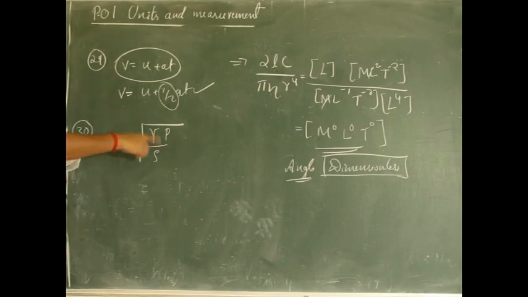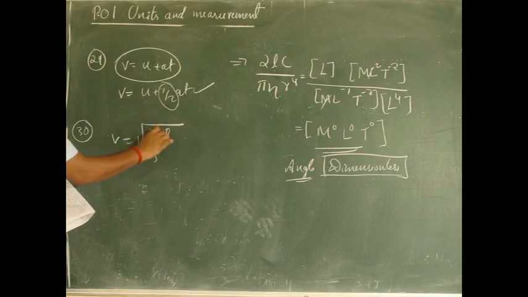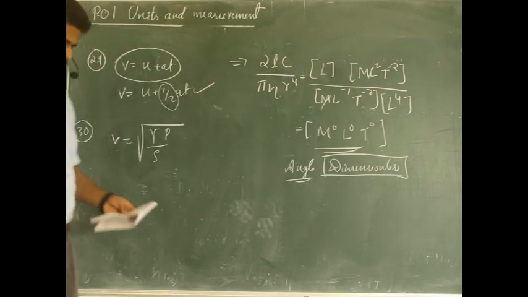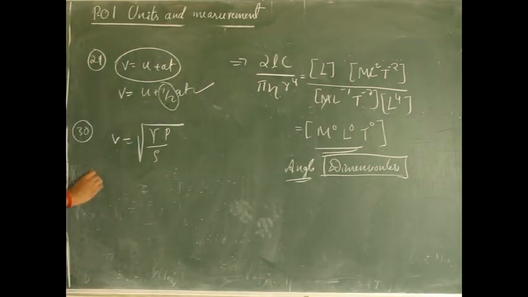Here P means pressure, V means velocity, and rho means density of the medium.